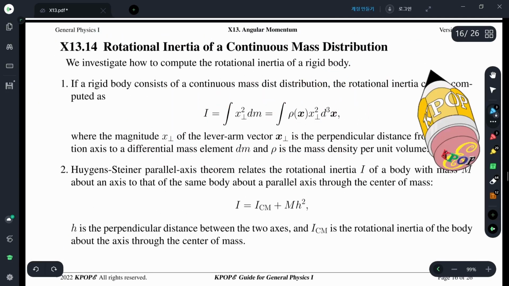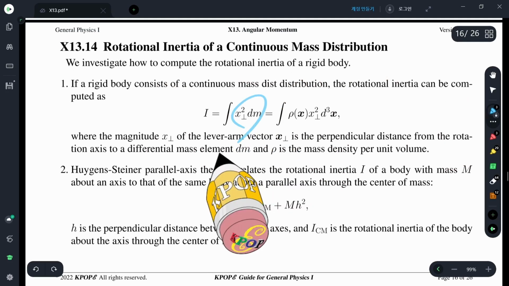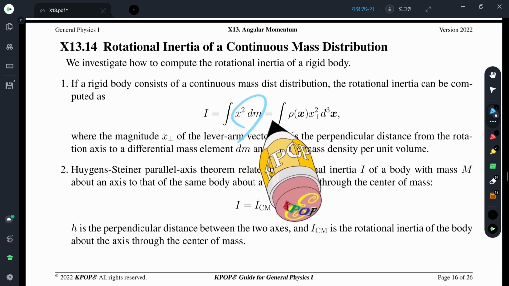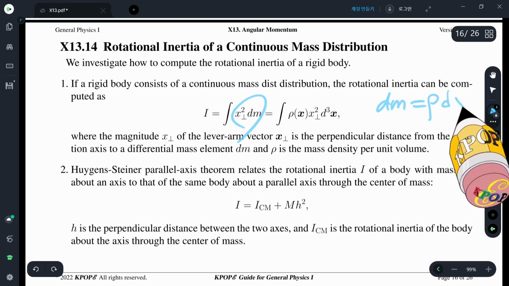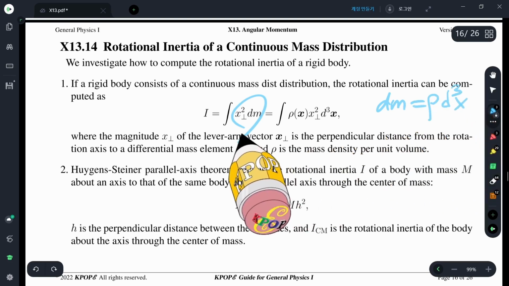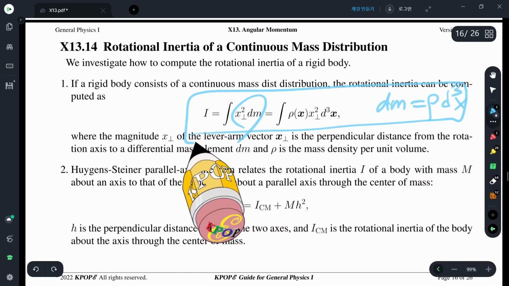The rotational inertia of a continuous mass distribution is the sum of x perp squared times mass. If the mass distribution is continuous, then dm is to be replaced with rho times the volume. We have done such a calculation a lot of times when we carried out the proof of the shell theorem.